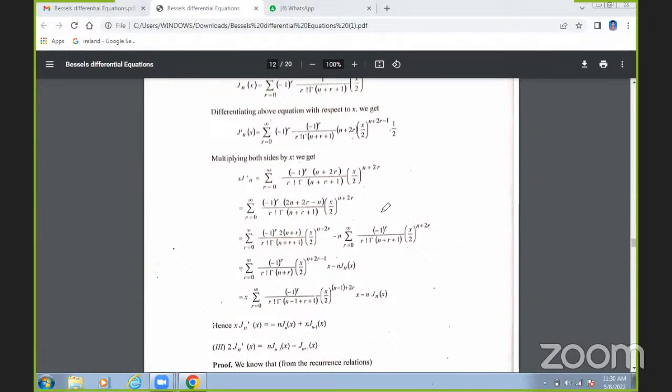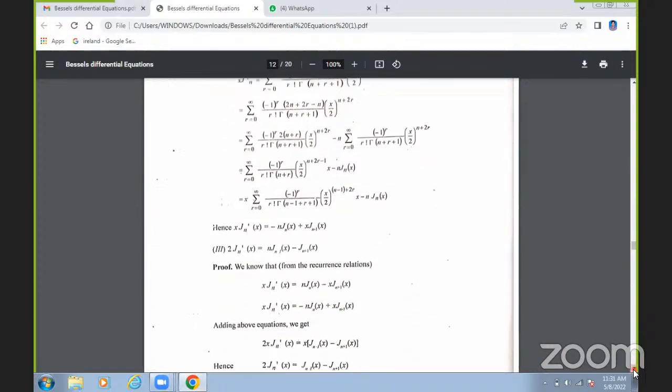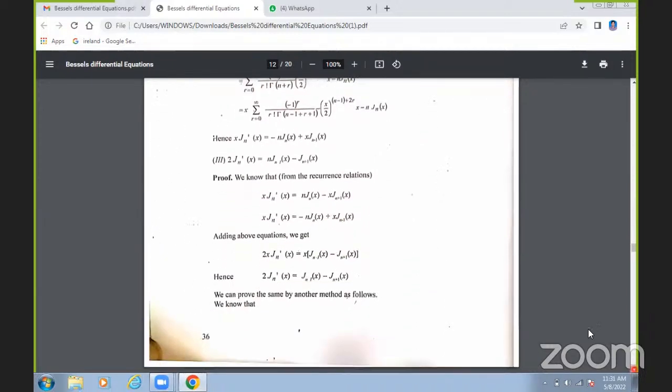Similarly, we have one more, the third recurrence relation.